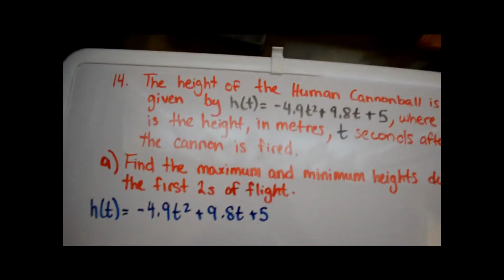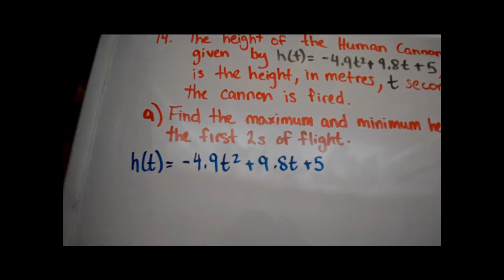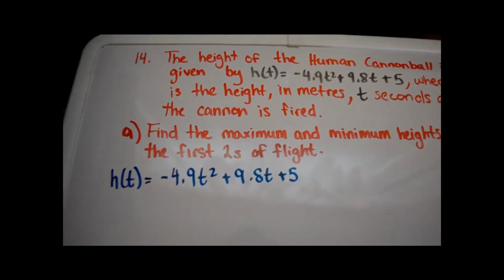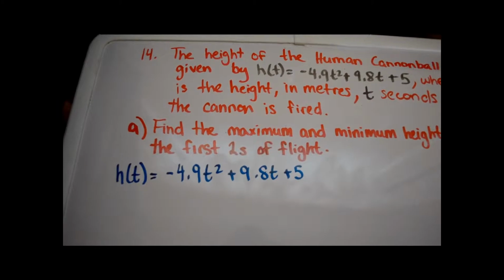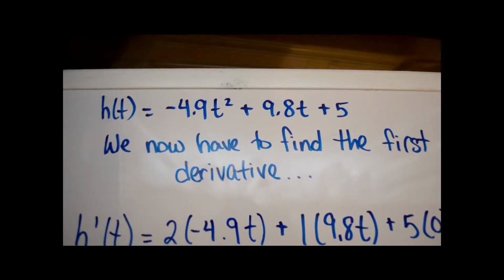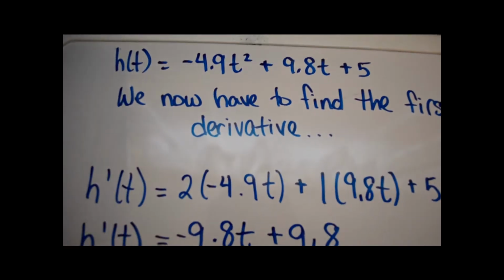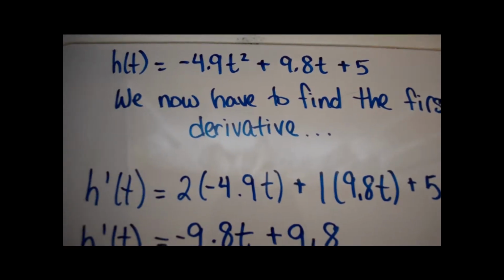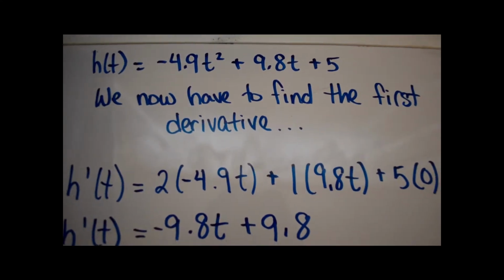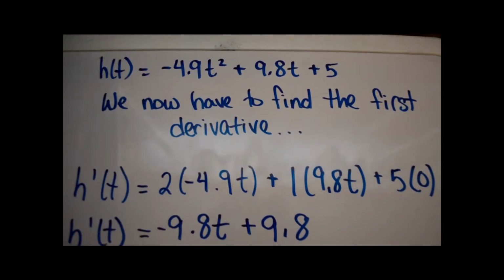So, we start off with the h at t equation, which is negative 4.9 t squared plus 9.8 t plus 5. We now have to find the first derivative. Therefore, h prime at t equals 2 times negative 4.9 t plus 1 times 9.8 t plus 5 times 0.